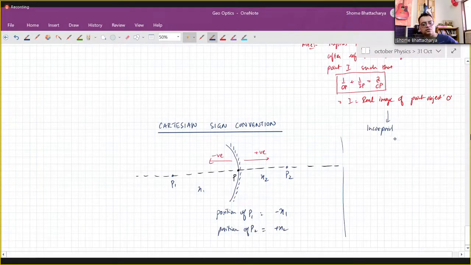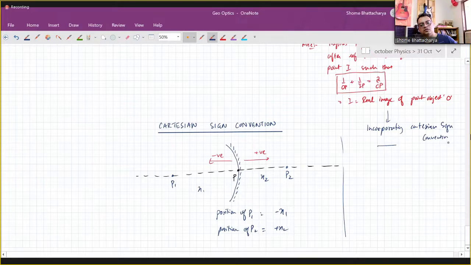so incorporating the Cartesian sign convention, in Cartesian sign convention we always write u as position of object. Okay.